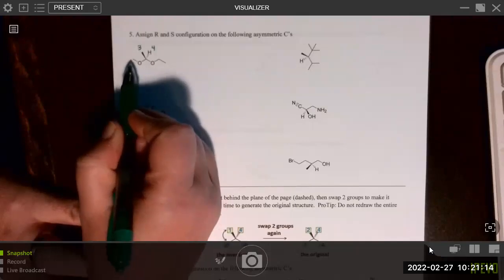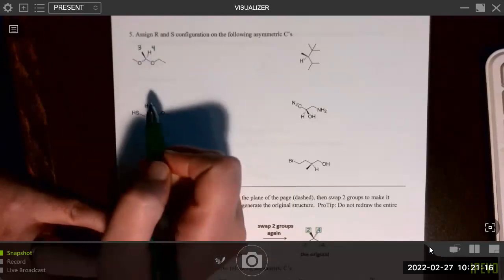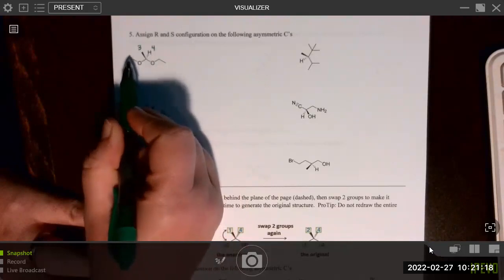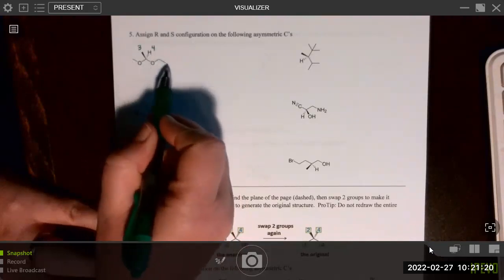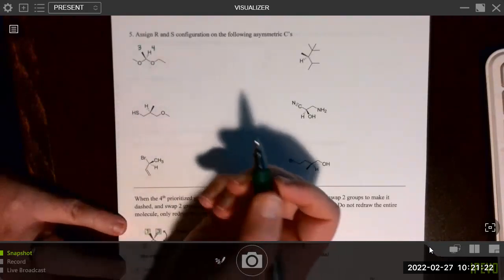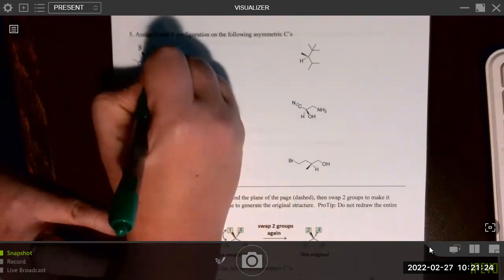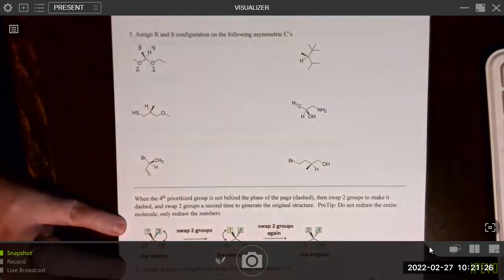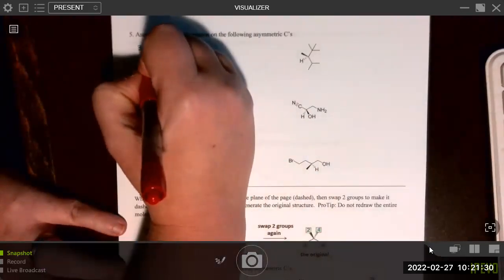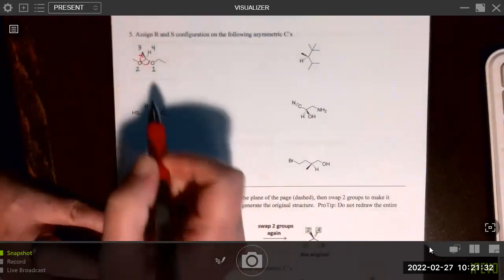This one's attached to carbon, and this one's attached to carbon, so that's a tie. But then we have hydrogen, hydrogen, hydrogen versus carbon, hydrogen, hydrogen. This is going to be priority 1 and priority 2. So we do a 1 to 2 to 3 rotation with the hydrogen pointing back, clockwise is R.